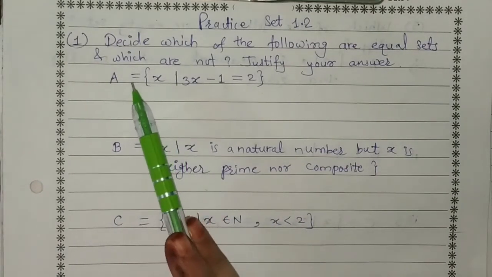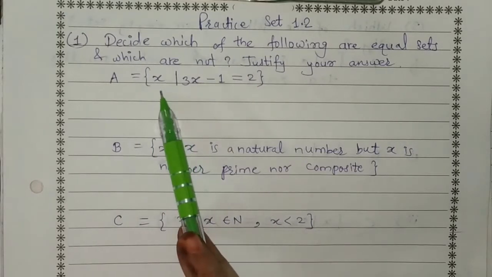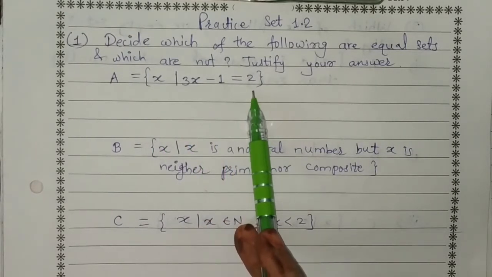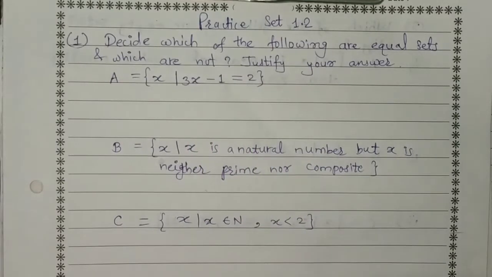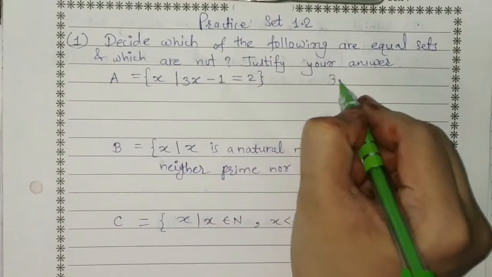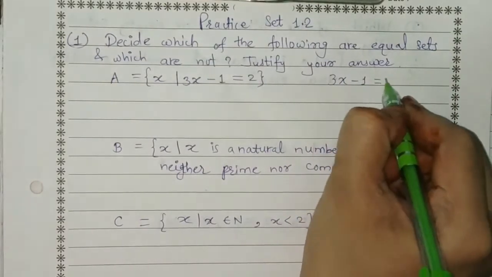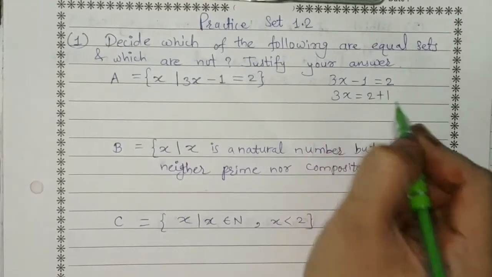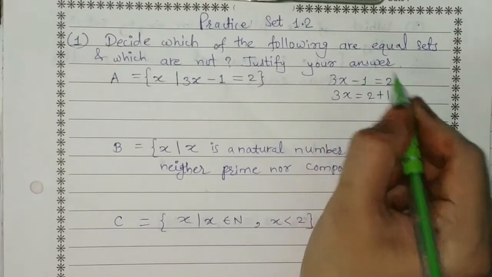Here the first set is A, x such that 3x minus 1 is equal to 2. We need to give the justification also. So first of all we'll solve this equation. 3x minus 1 is equal to 2, so 3x is equal to 2 plus 1. We transpose the 1 here.